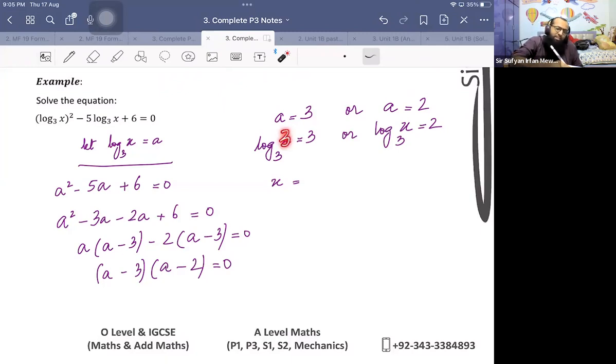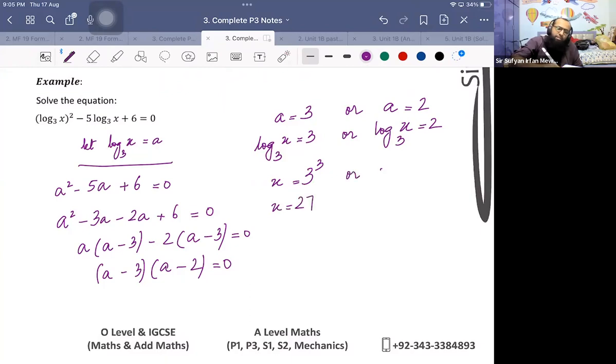See, it is not that log of 3 with a base of 3 will become 1 here. This is log form. We have to convert it into index form. So this is the base, this is the power, and x is the answer. So x equals 3 to the power of 3, so x equals 27.